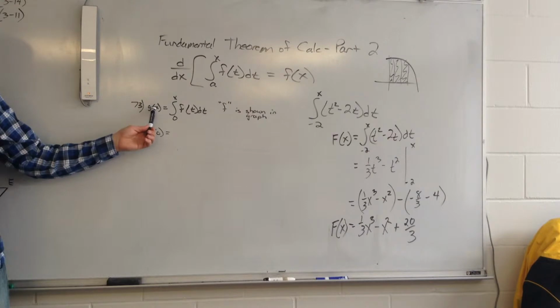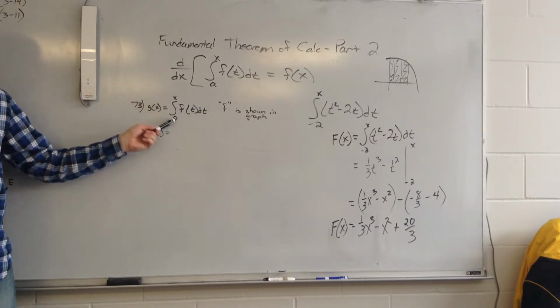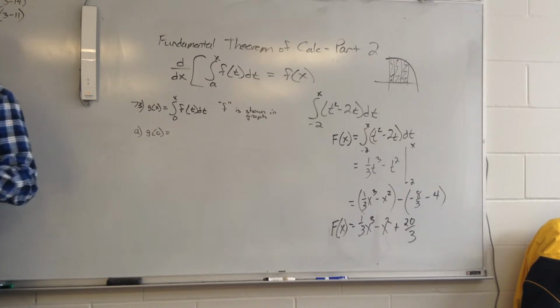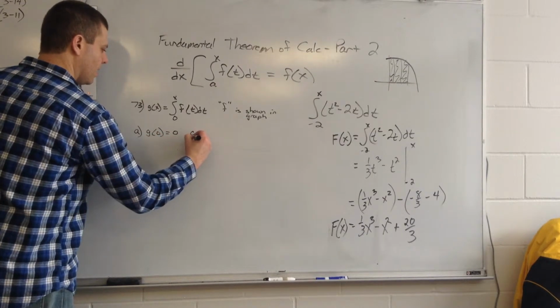Well, g of 0 would represent the area under the curve f from 0 to 0. Well, what's the area under the curve from 0 to 0 going to equal? 0, because it has no base value, right? There's no width to that area that you're finding. So g of 0 is 0.